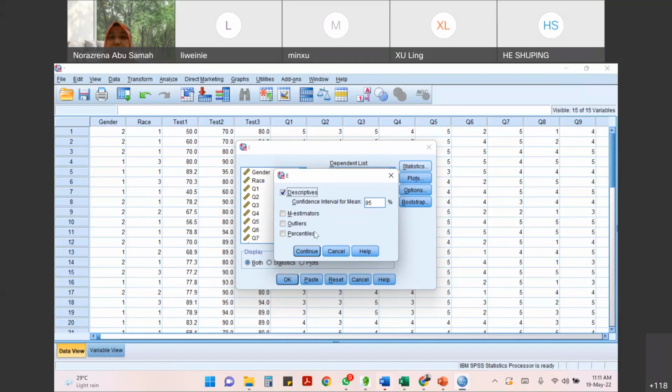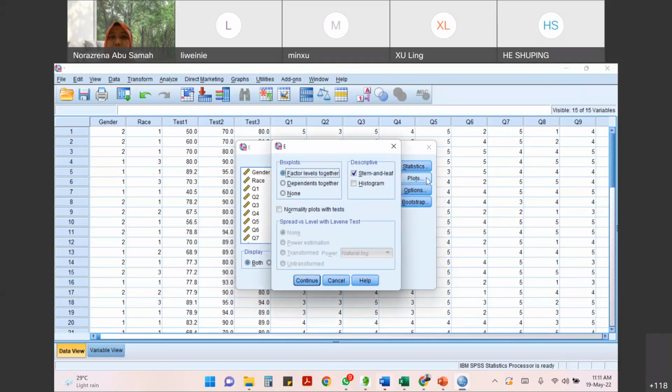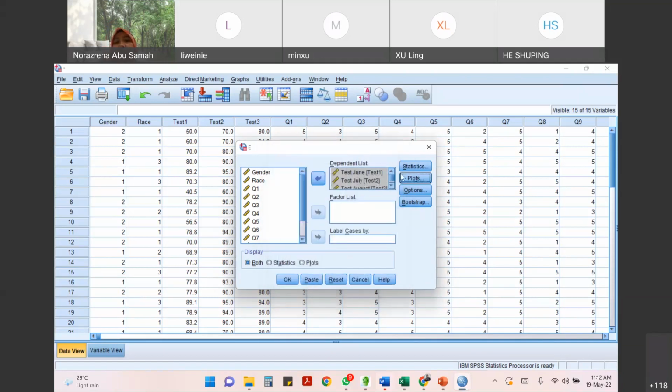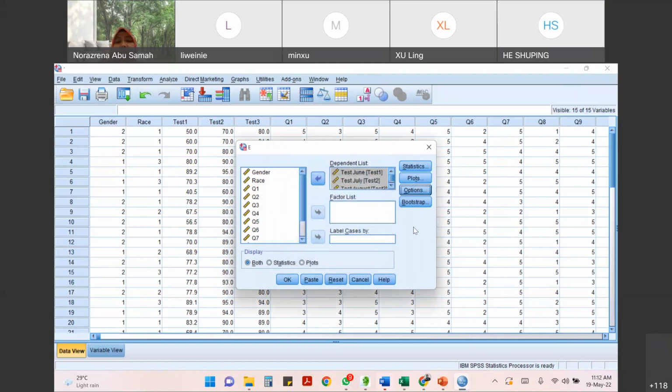For this one, no need. So continue. Plots. This one you must click on normality plots with tests. This is the normality test. Continue. For options, nothing. And then, that's all.